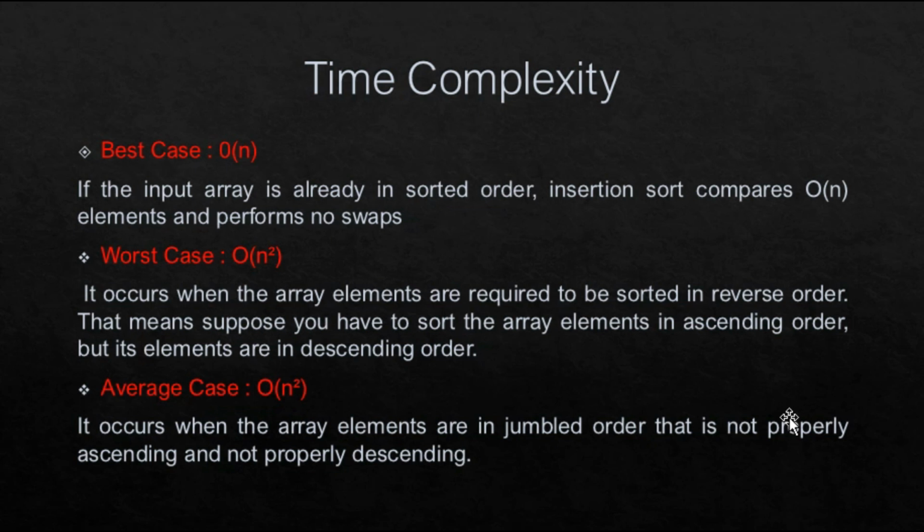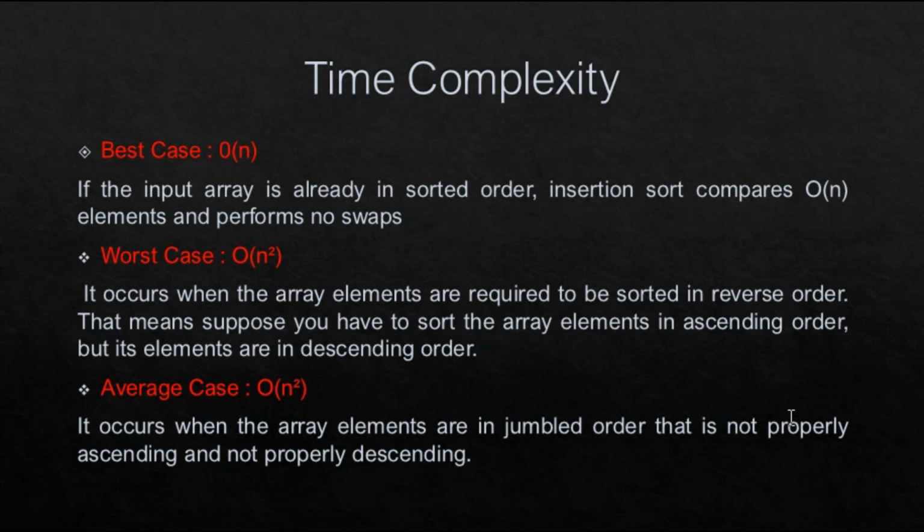And yung time complexity natin sa worst case is O of n squared because it occurs when the array elements are required to be sorted in reverse order. That means, suppose you have to sort the array elements in ascending order, but its elements are in descending order. The time complexity of the worst case is O of n squared kasi you need to sort the unsorted elements.